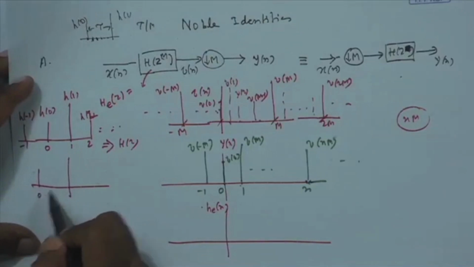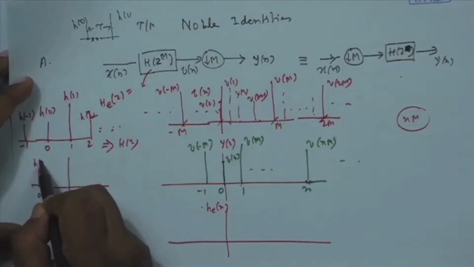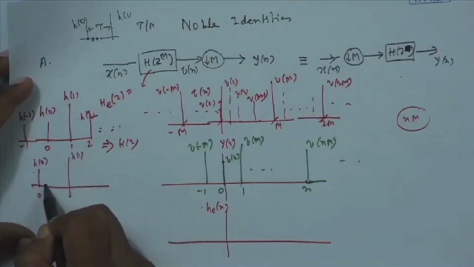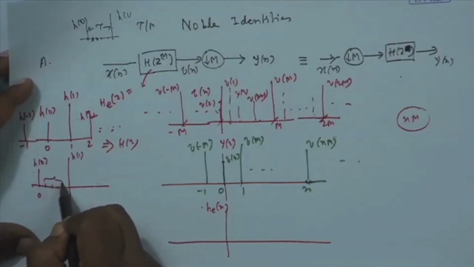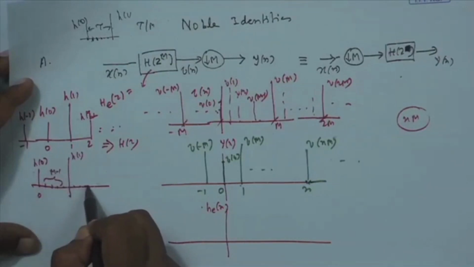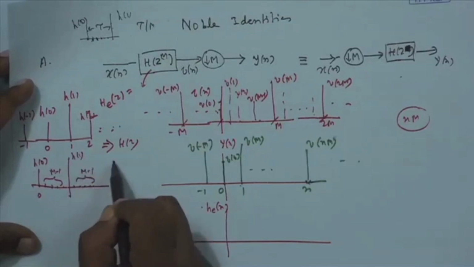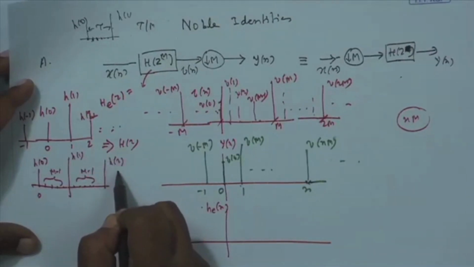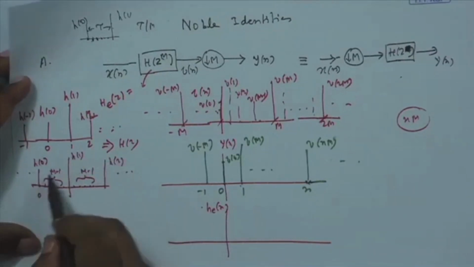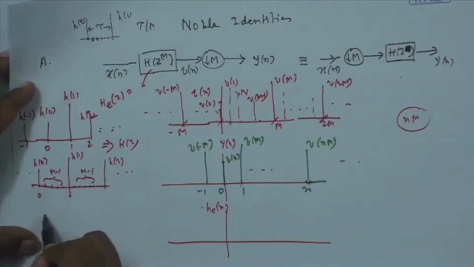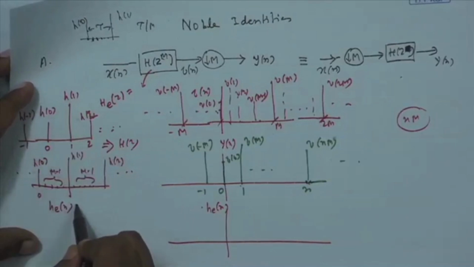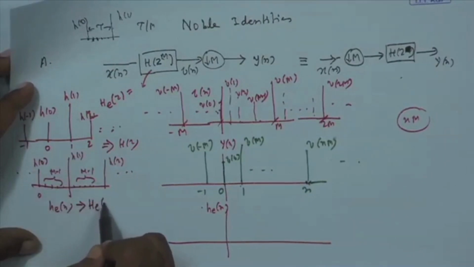So, this is 0, this is h 0, h 1, but you have got m minus 1 zeros, then again m minus 1 zeros, then I have got h 2 dot dot dot. This sequence is the expanded sequence, and I call it h e n, expanded version of this. It has a z transform h e z.